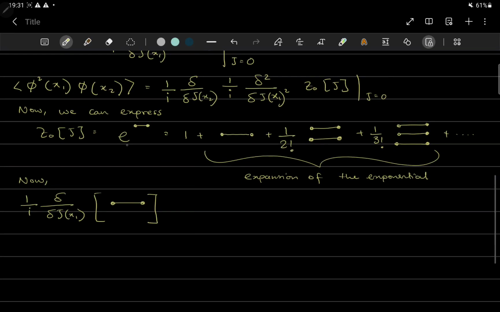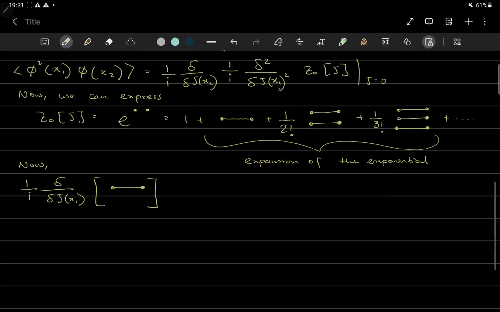So since we've expanded the exponential like this, acting on 1 is basically 0. Therefore the first term that comes out of this is this expression acting on the first term over here, which is the one that I wrote.